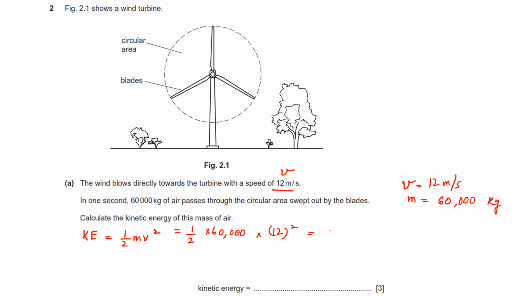So the value comes out to be 4.32 into 10 to power 6 joules. We can also write it as 4.32 megajoules of energy. So remember, again, do not forget to write units in your answer.